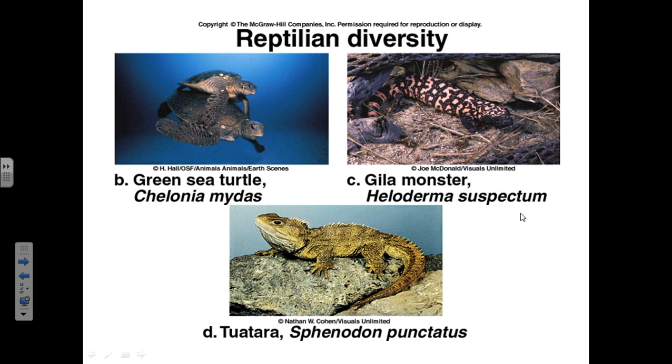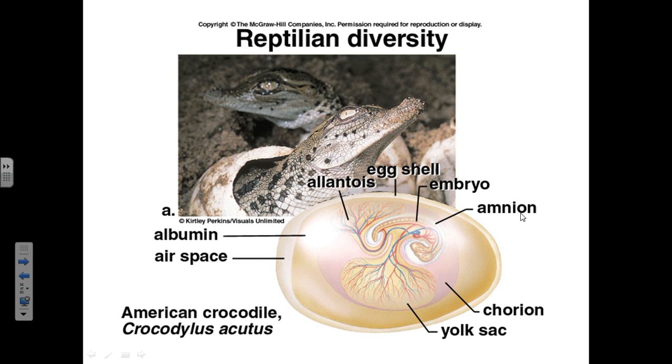Let's look at a picture of that first. So that amniotic egg has a little sac right in here that holds in the baby and the water. That's the amnion. It has another sac called the yolk sac, which is basically holding in what? The yolk. Which is food.